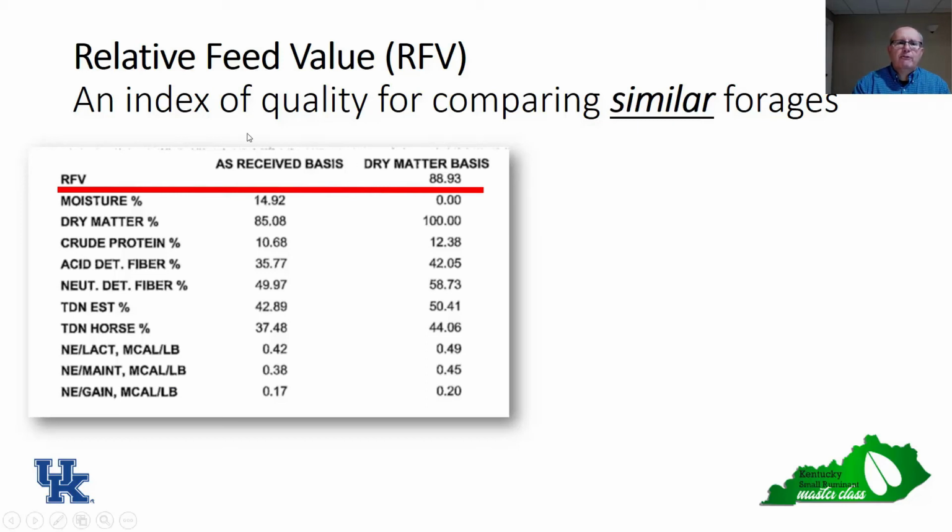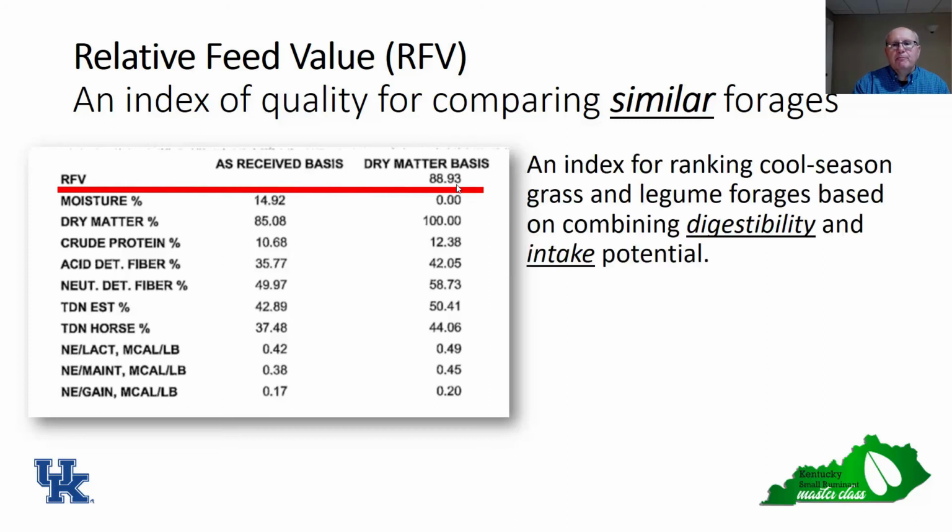In this case, the relative feed value of this clover grass sample was 88.93, which was probably, as clover grass samples go, not very high. So remember that number. Remember 90 as the relative feed value for this sample. We will have a table at the end that we will just look at and try to place this sample as being high, medium, or low quality.